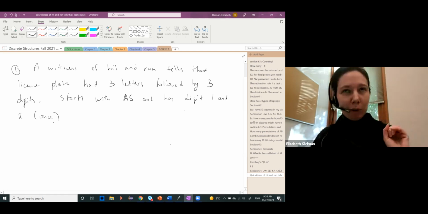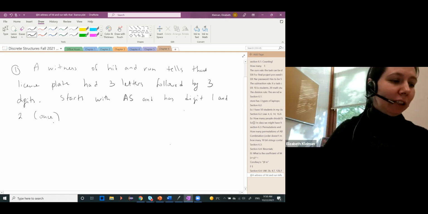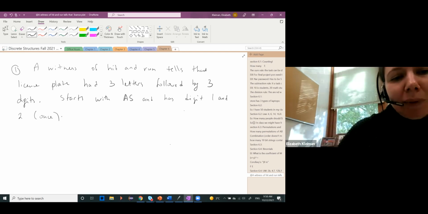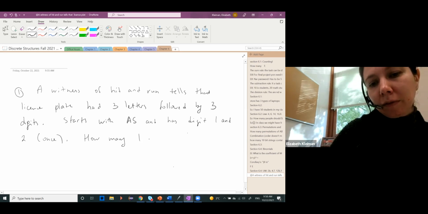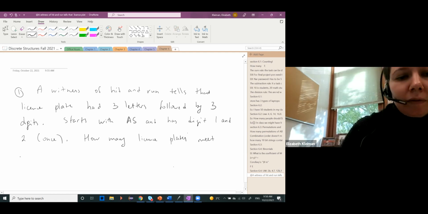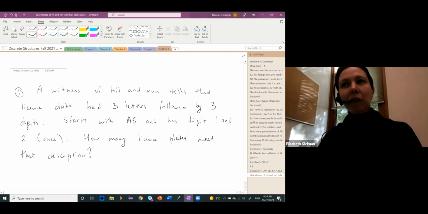So this is what he was able to catch as the car was driving by. The question is, how many license plates police needs to check? This is your question number 1.